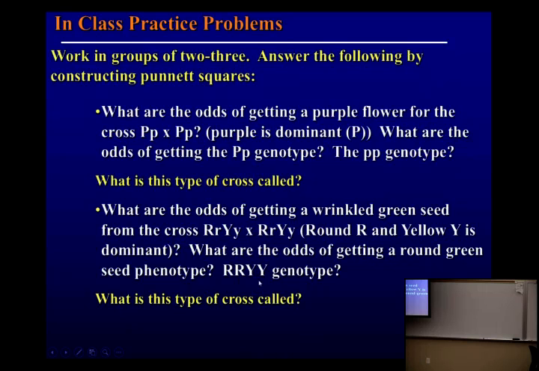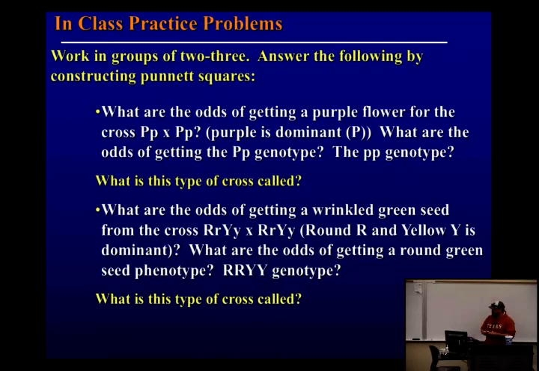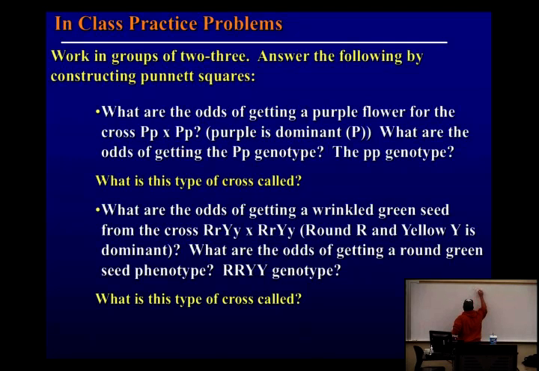And then the last question is, what are the odds of getting this genotype, big R, and big Y, big Y? Remember, because of independent assortment, we can take these independently. So what's the probability if we do just this one trait, we would get this outcome?